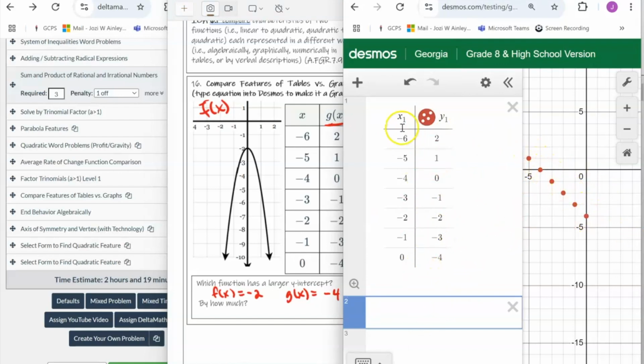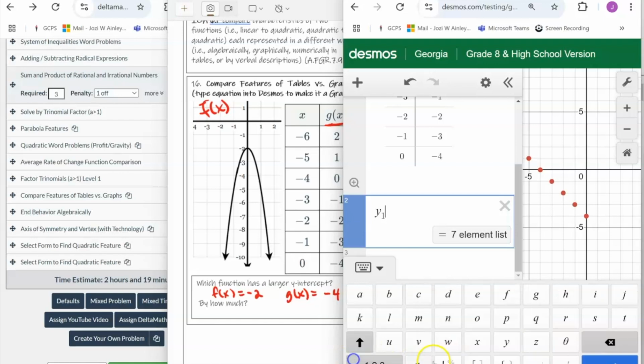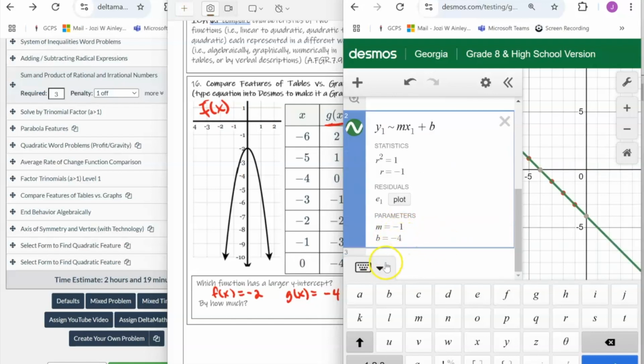A straight line. How do I make this table into an equation? I go y sub 1, because it uses x sub 1, then I go squiggly line. You can get this right out of a formula sheet, except for the two things you need to change: m x sub 1 plus b. And you can see that it will give you your answers, -1 and -4.